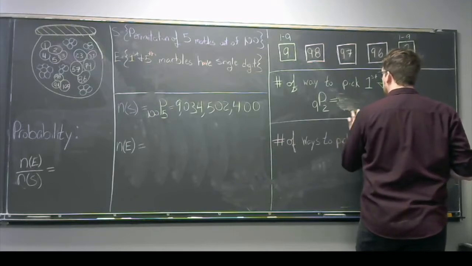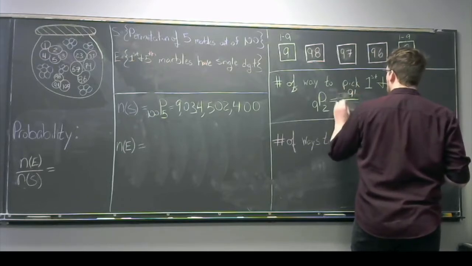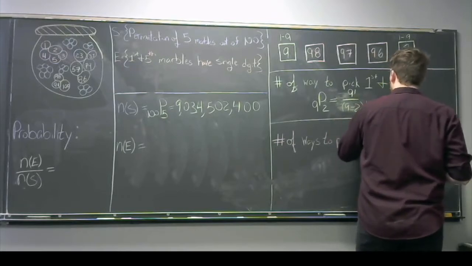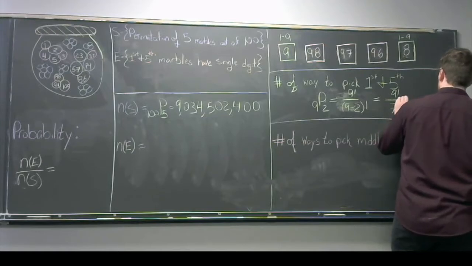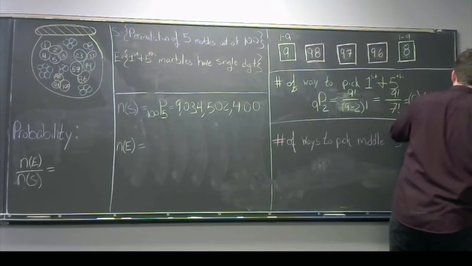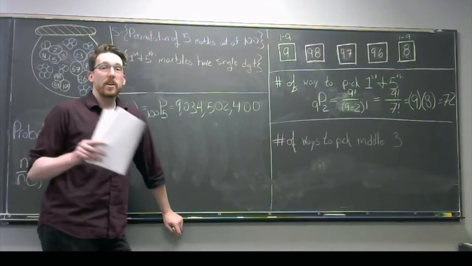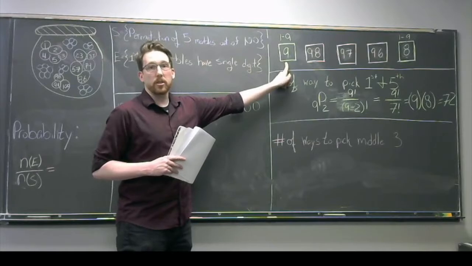Actually, let me write it a slightly different way: factorial of 9 over 9 minus 2 factorial, over 7 factorial, which is equal to 9 times 8, or just simply 72. So there are 72 different possible ways to pick our first and last marble.